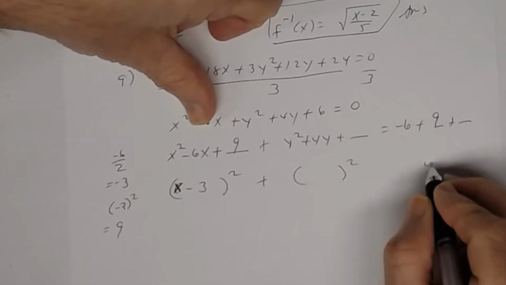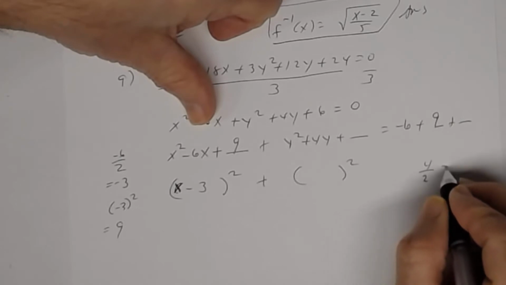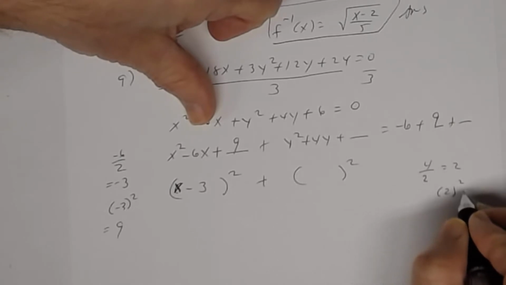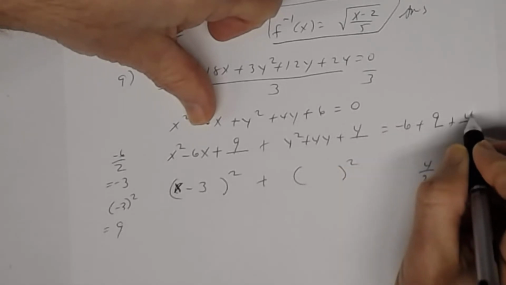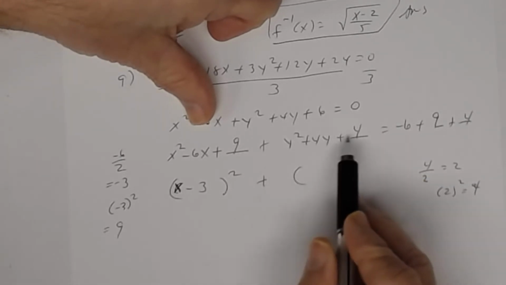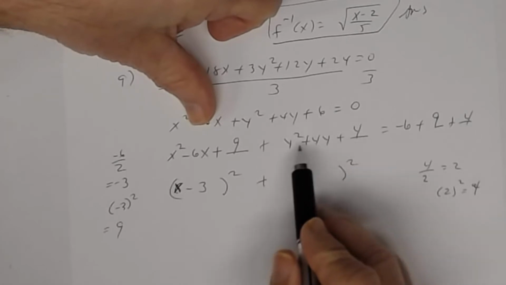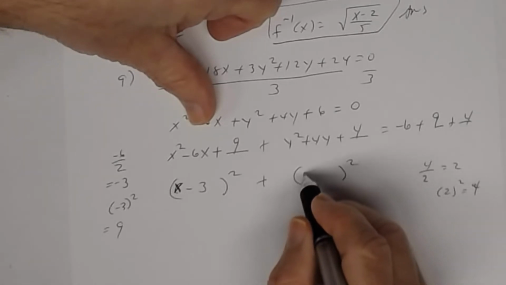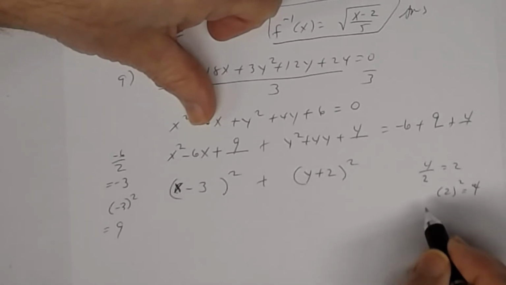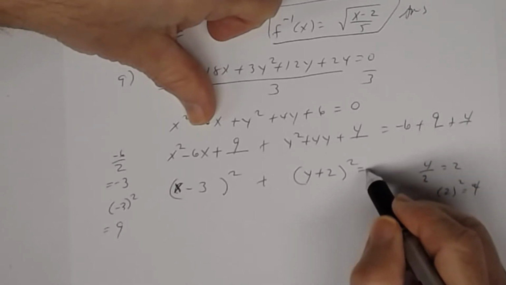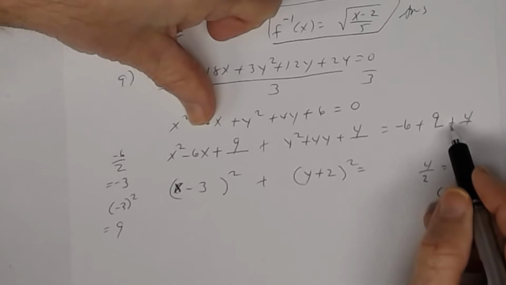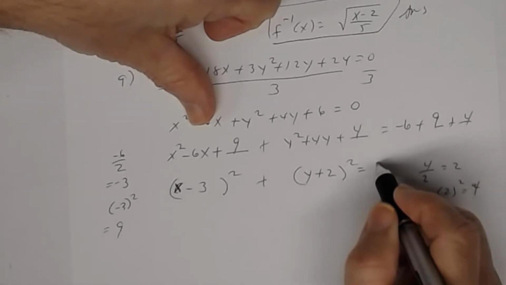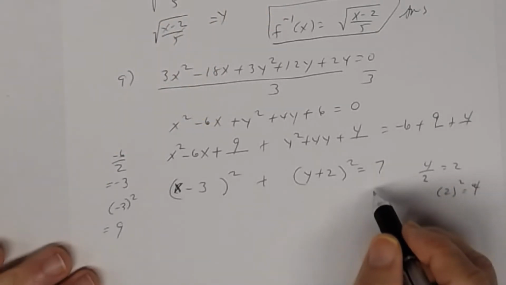Half of 4 is 2, and then you square it. When I square 2, I get 4. So we add 4 to both sides. Now this is a perfect square trinomial, so when I factor it, I get (y plus 2) squared. And now that's going to equal negative 6 plus 9 is 3, and 3 plus 4 is 7. And so that's what we get.